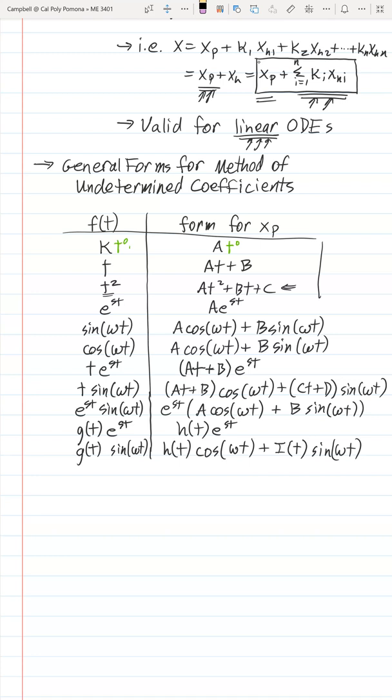So that gives us an understanding of how to use the method of undetermined coefficients to find the particular solution associated with the differential equation, which is a solution of the differential equation, but we found that it's not the most general solution. And that made sense because, of course, the particular solution wasn't trying to directly capture what was happening with the nature of the response associated with the differential equation itself.